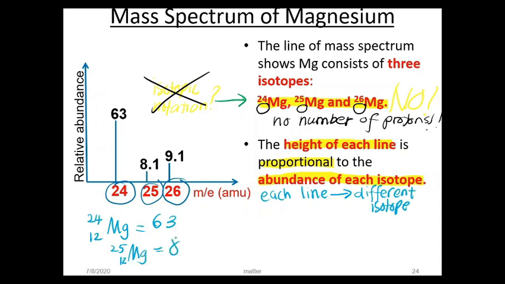The abundance would be 8.1, and for the 26 Mg, the relative abundance is 9.1.